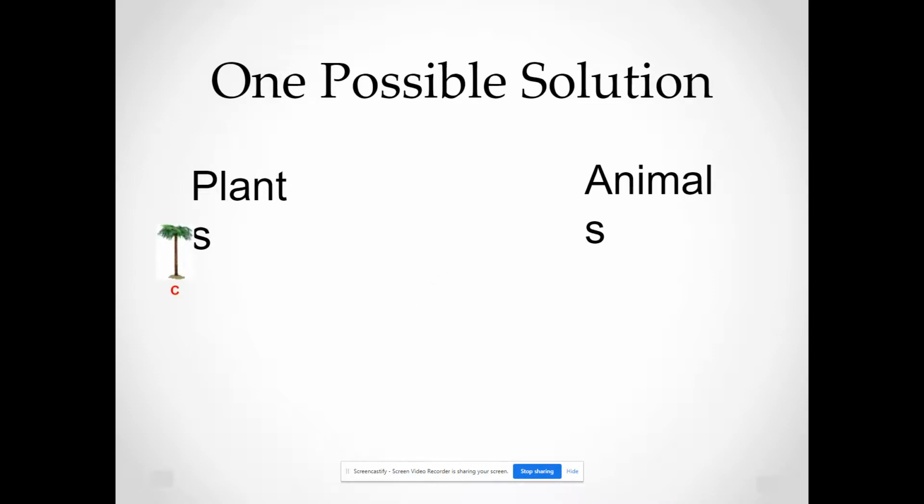Now we got the penguin and we have the climate again. So a bird living in what? In cold climate. And then a bird living where? Living in warm climate. What's the name of the bird that lives in the cold climate? A penguin.